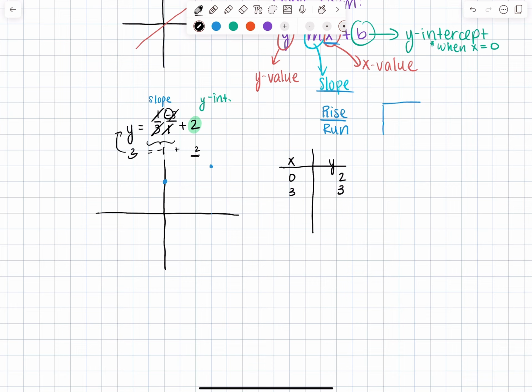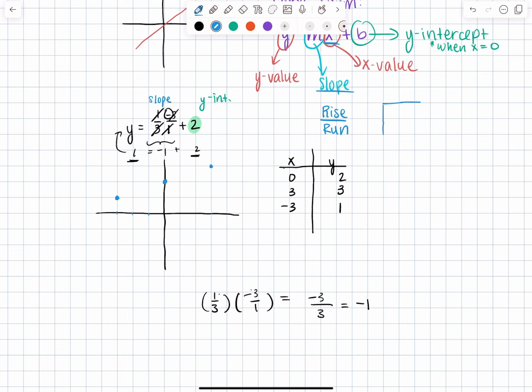When you multiply 1 over 3 times negative 3 over 1, 1 times negative 3 is negative 3, and 3 times 1 is 3, which equals negative 1. Negative 1 plus 2 gives us 1. So we go to point negative 3 on the x side, and we get 1 for that.